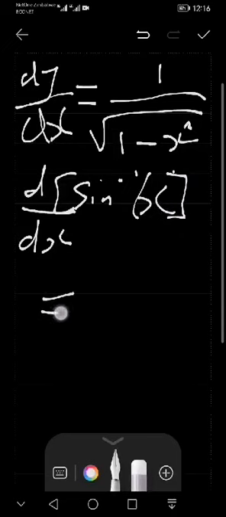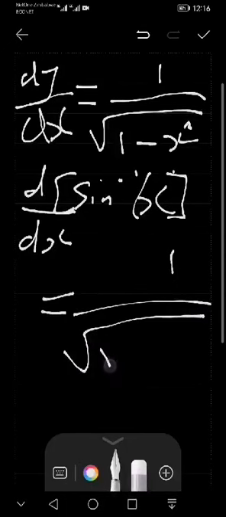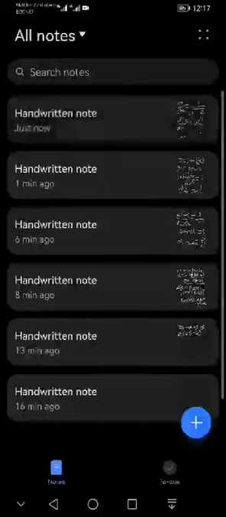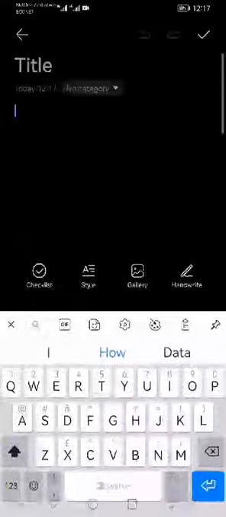So d dx of arcsine of x is always equal to 1 over the square root of 1 minus x squared. So we are done with this question.